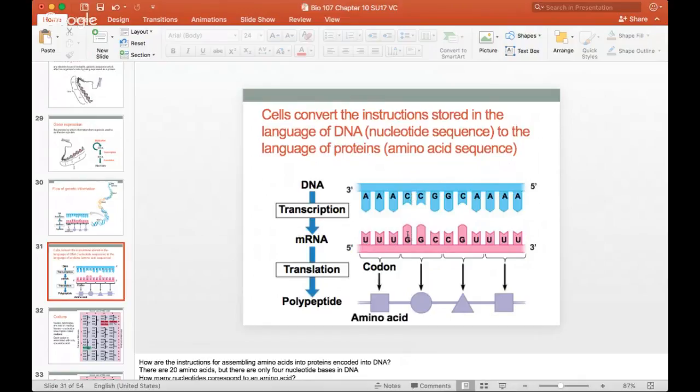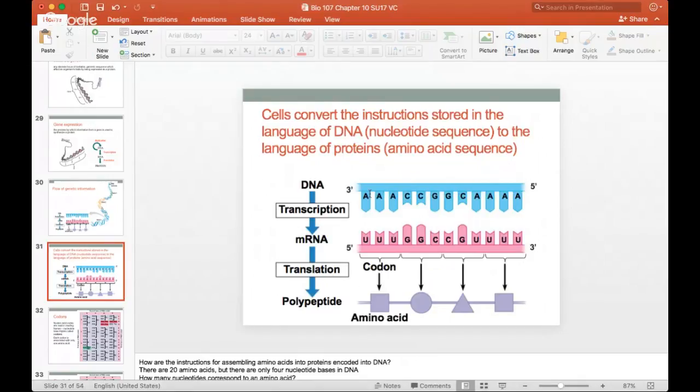C is still going to pair with G. G is still going to pair with C. And then here we have A pairing with U again. So transcribing is the act of going from DNA to RNA, reading this strand from 3 to 5, making this strand from 5 to 3, seeing that these are U's, these are G's, these are C's, depending on what this top strand is.